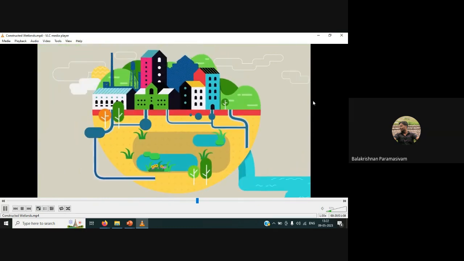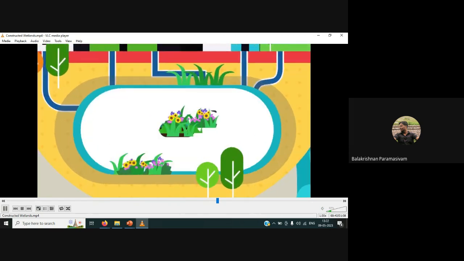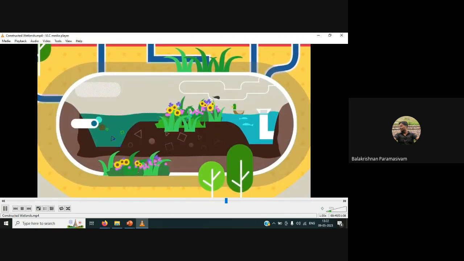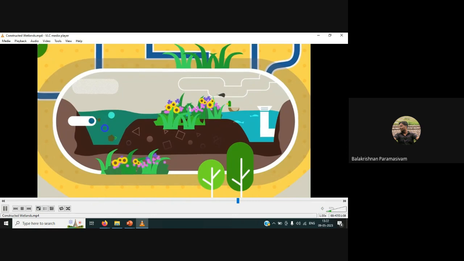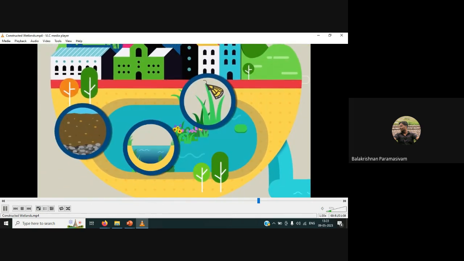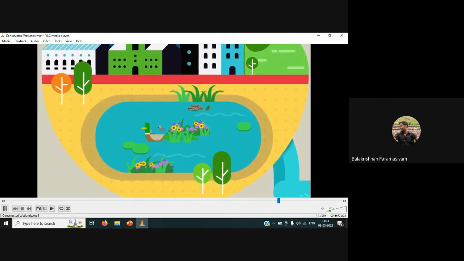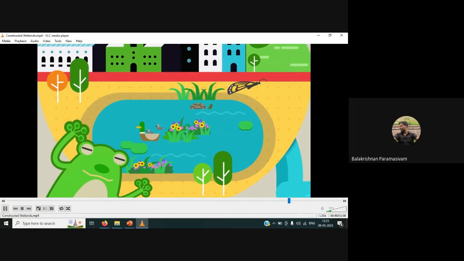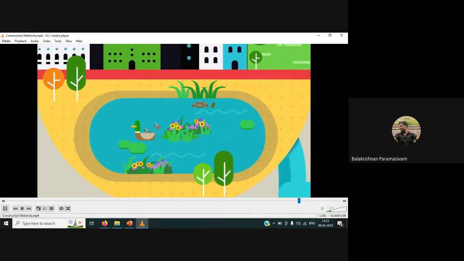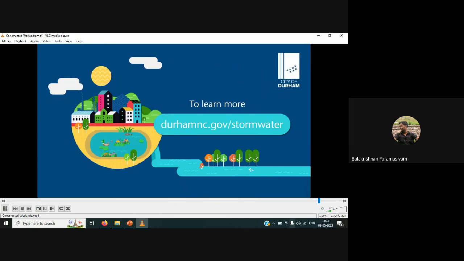One solution to this is to design and build constructed wetlands. A constructed wetland helps us slow and filter stormwater in a way that's closer to the natural water cycle. The plants, soils, and pools in the wetland are designed to clean the water, and they also provide ecological benefits by creating habitat for wildlife and pollinators. To learn more, go to bermnc.gov/stormwater.